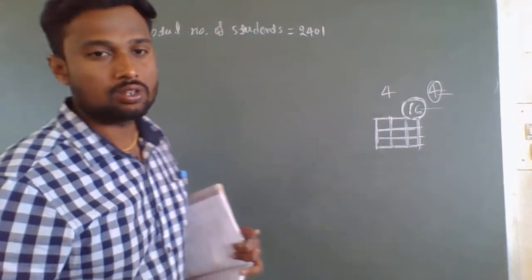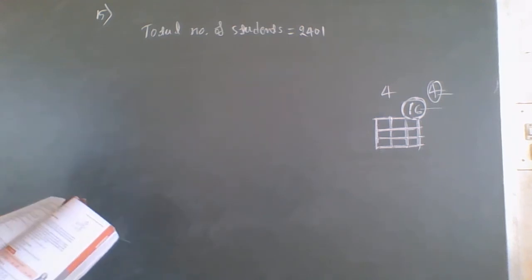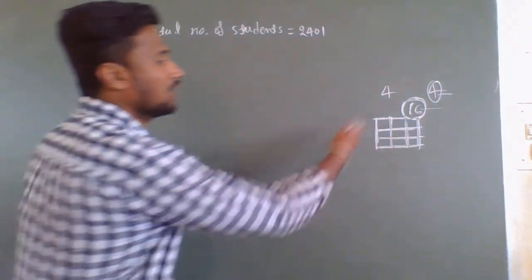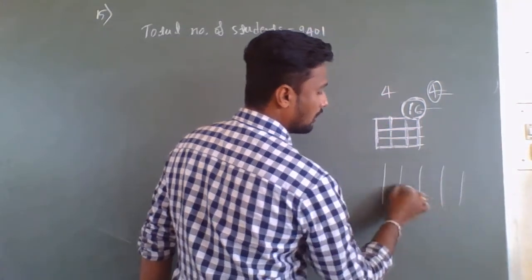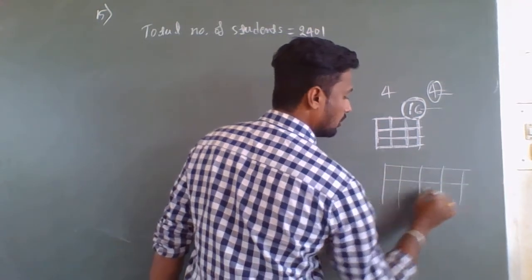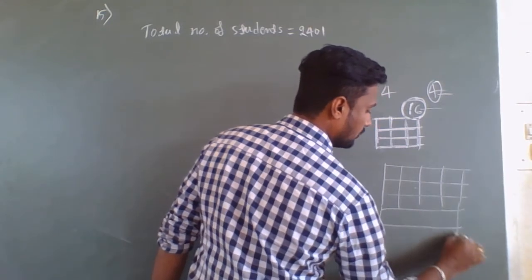rows and columns. Okay. Now you can check with 5 also. Means 5 columns, 1, 2, 3, 4, 5, and 5 rows, 1, 2, 3, 4, 5.